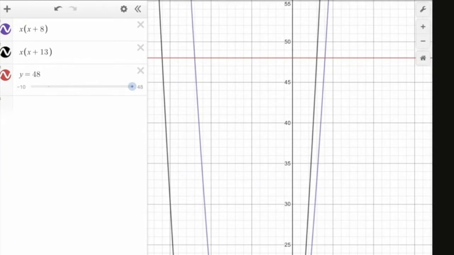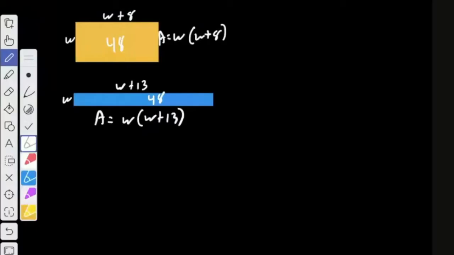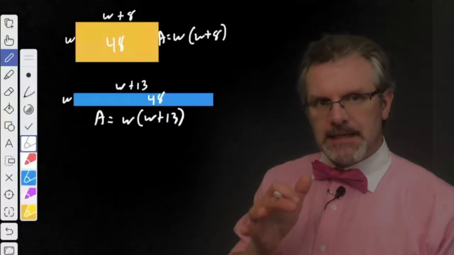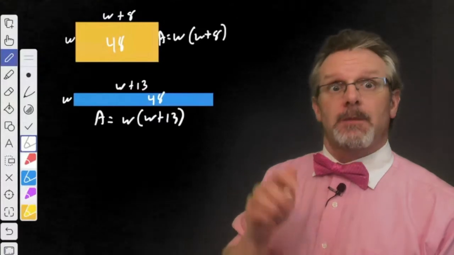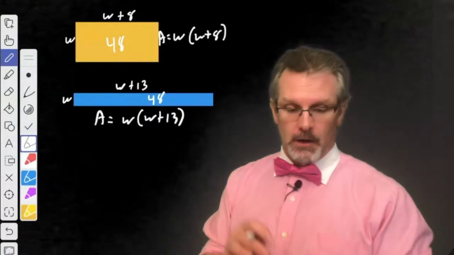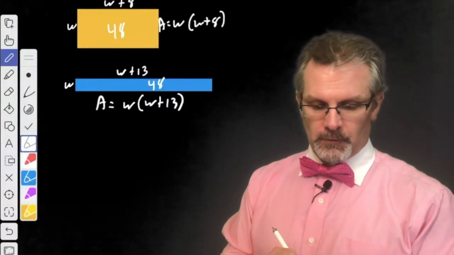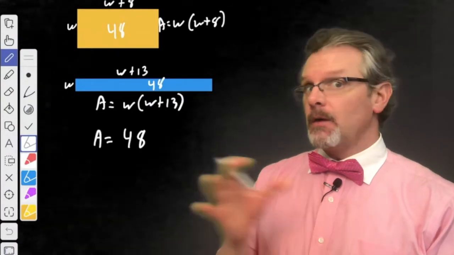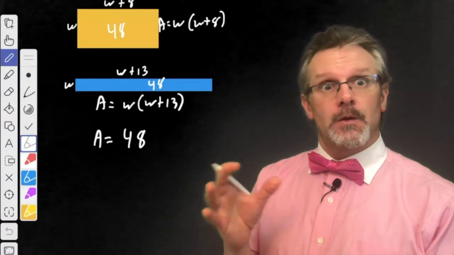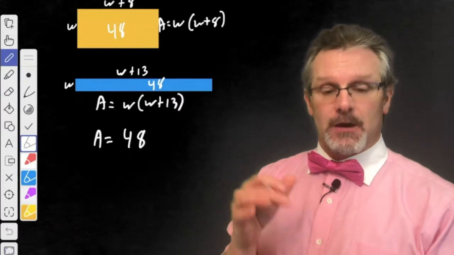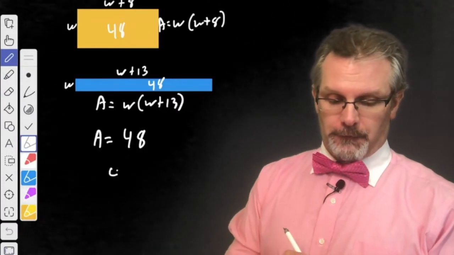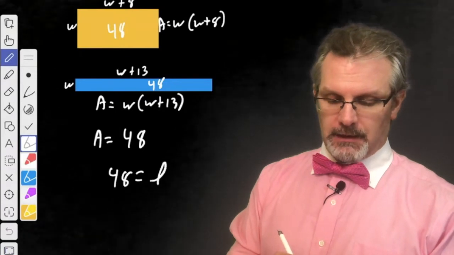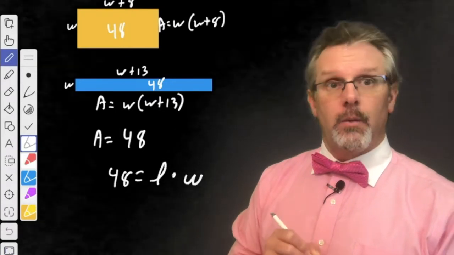In the context of the work that we're doing, we are locked in to 48. That's the size of our figure. So area equals 48. But we have all kinds of different options that we could use that says that area equals 48, right? 48 equals length times width.